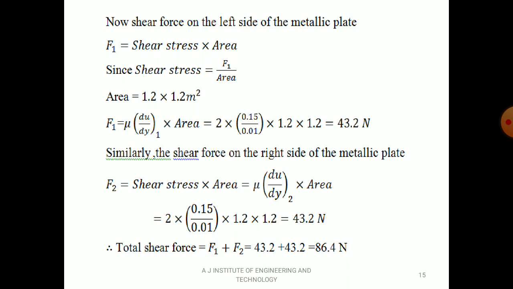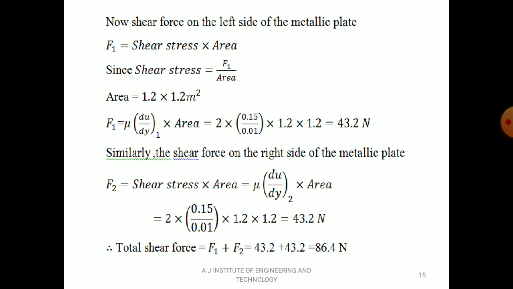That is equal to mu, given as 2 Newton second per meter square, into the change in velocity u minus 0, that is 0.15, divided by the change in distance or gap, 0.01. That is from the surface of the plate to the left side vertical surface. So 0.15 divided by 0.01 into 1.2 into 1.2, the area. That is equal to 43.2 Newton.